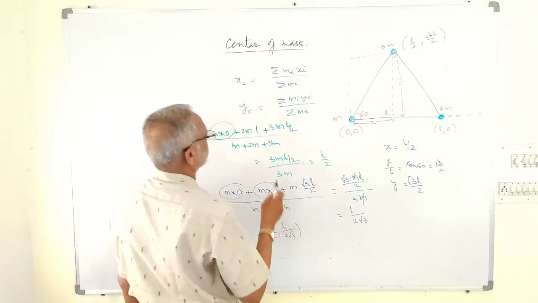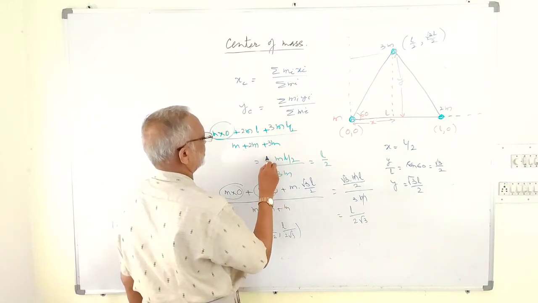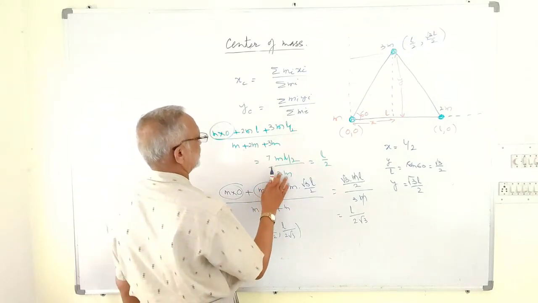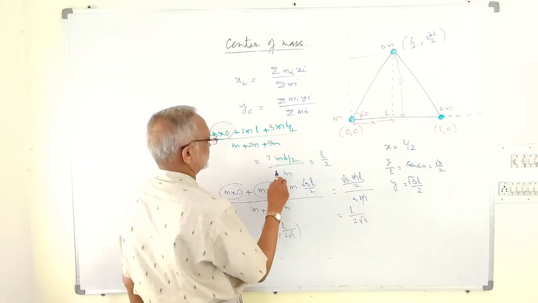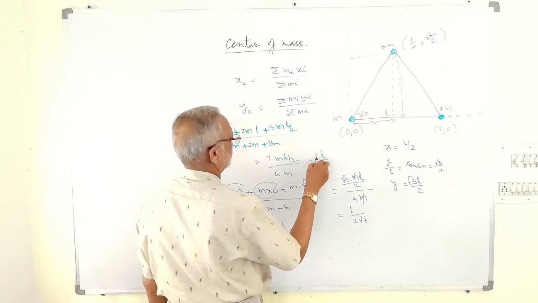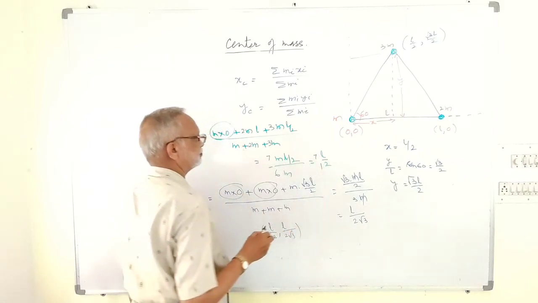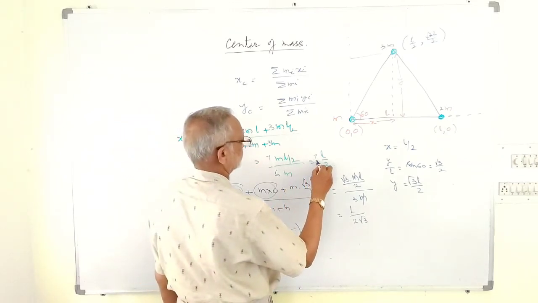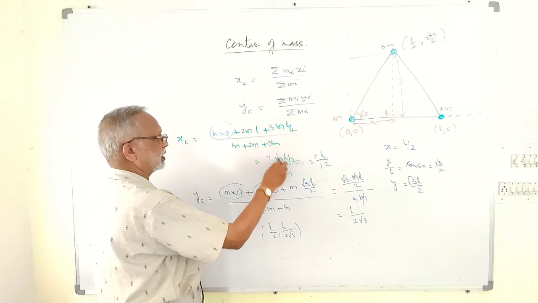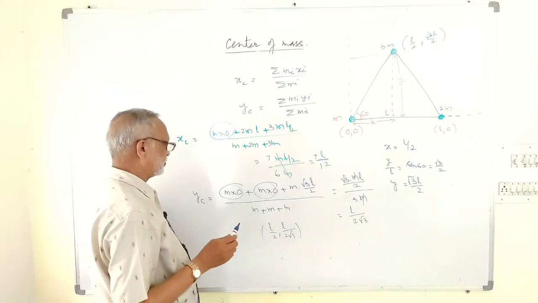So the numerator is 2 plus 1.5, that is 3.5, 7 mL by 2, divided by the denominator 1 plus 2 plus 3, 6m. So you have 7L by 2, 6 are 12. m and m will get cancelled. 7L, this 2 will go to the denominator, 7L by 12.